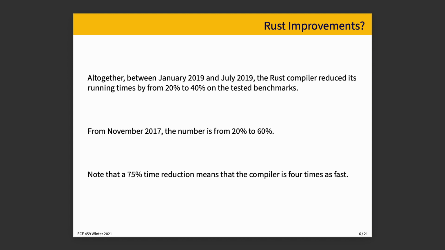Keep in mind that if we say it's a 75% time reduction, it means the compiler is 4 times as fast. We're thinking about how long it takes to compile, and therefore having a lower compile time is better. Right? You could also measure the speed at which things are compiled in other ways, but we're going to just go with wall clock time as a way of making the comparison make sense.